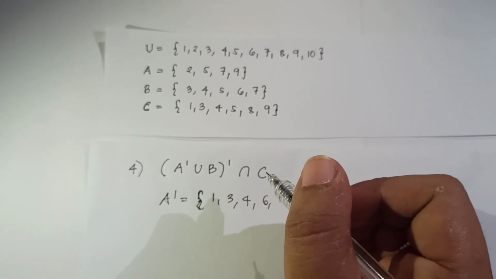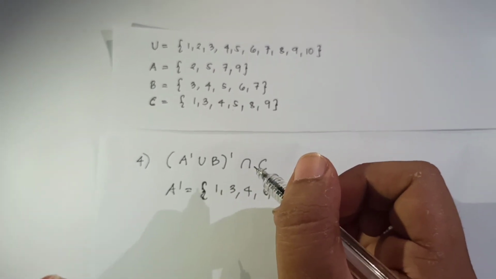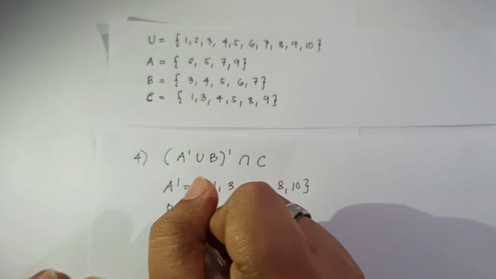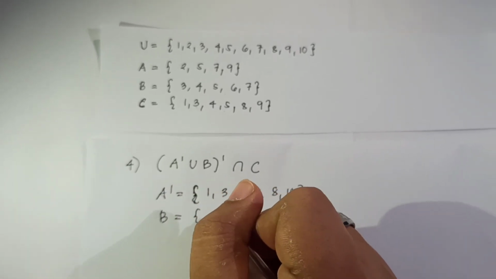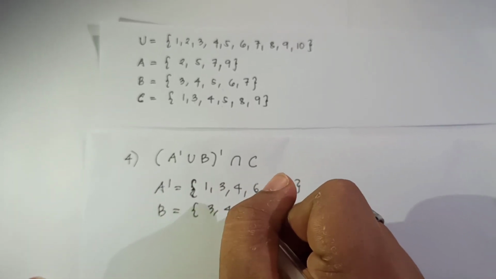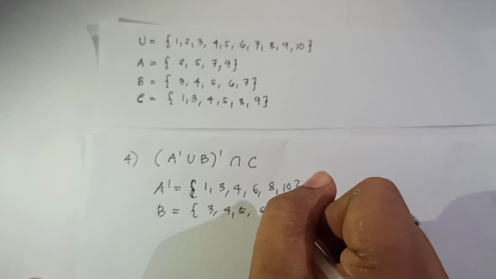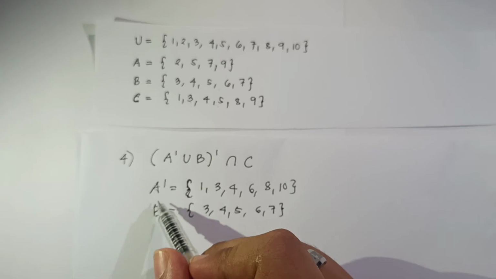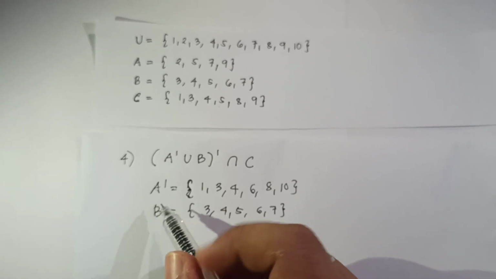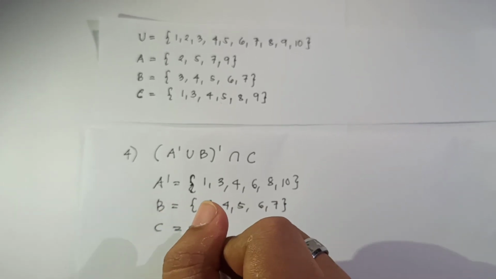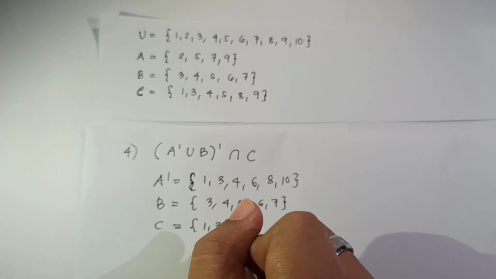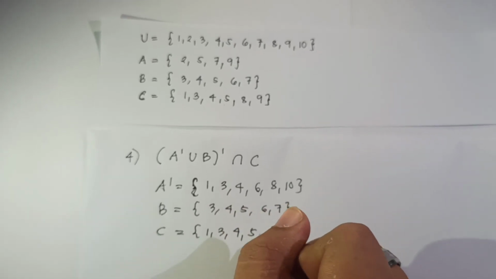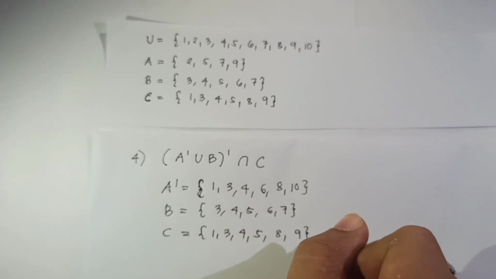Next, we have union of B. So copy B first: 3, 4, 5, 6, and 7. You have to copy C here: 1, 3, 4, 5, 8, and 9.